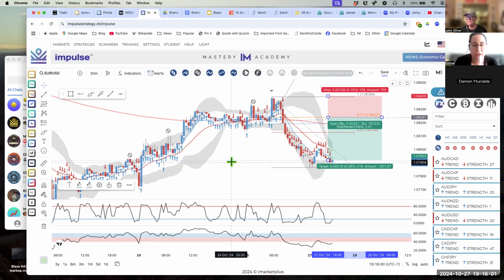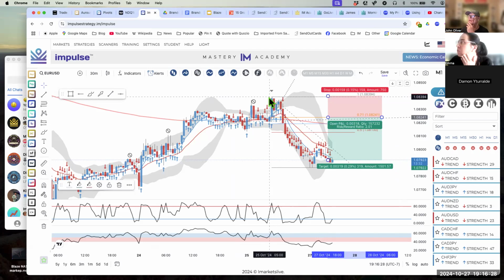Is your impulse the same as your TradingView? No, it isn't. So yeah, that is a problem. When we look at the top of that one, for instance, right at the very top of that is 1.08394.